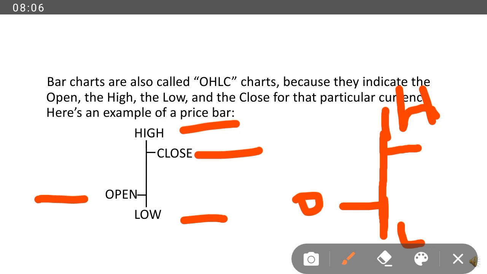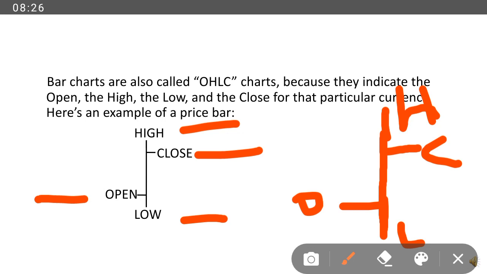That's the high, the highest point it got to. But it didn't stay there. It didn't close there. It can close there, but in this case, it didn't. So it went down again, then closed here. That's the logic behind it.